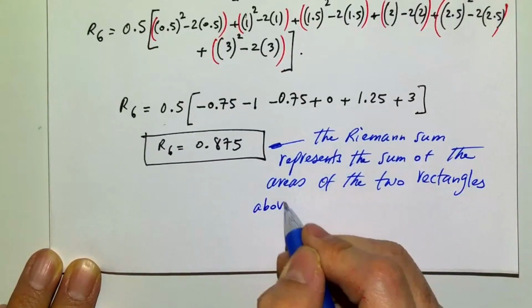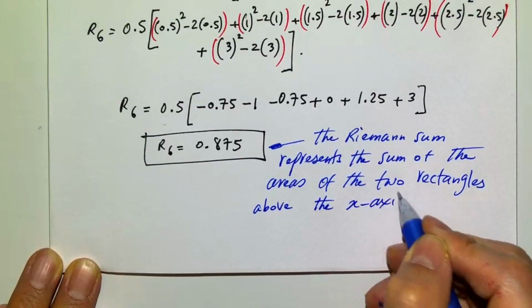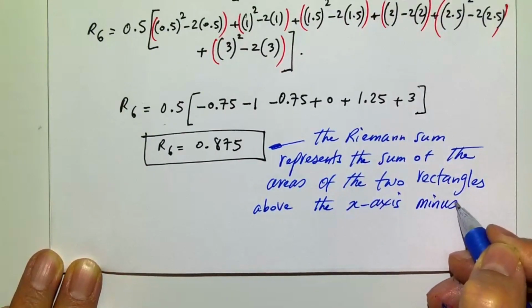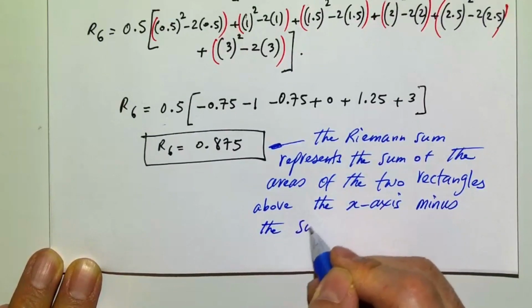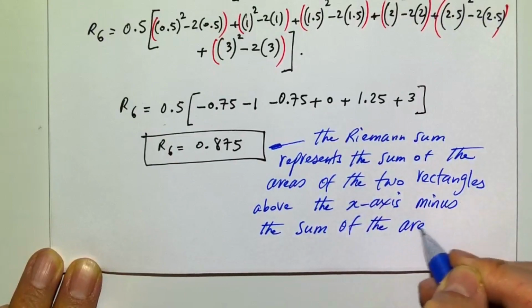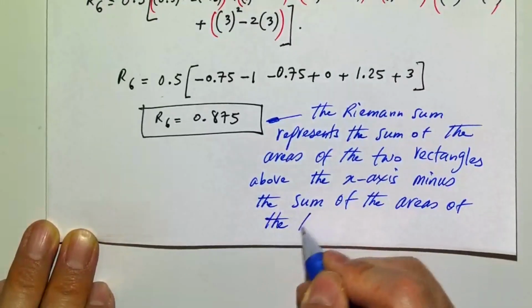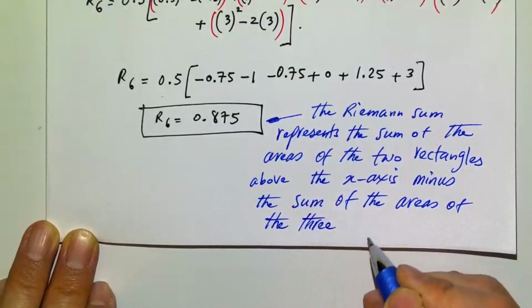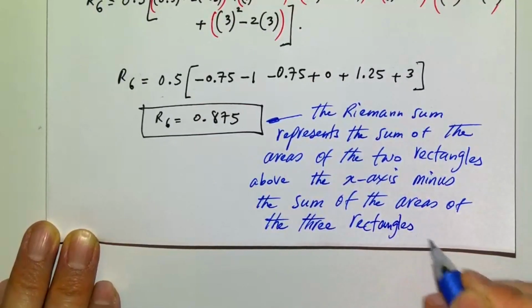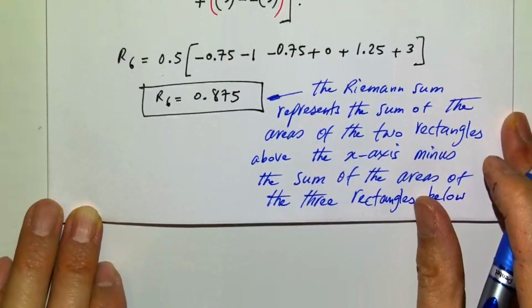Rectangles above the x-axis, minus the areas of the three rectangles below the x-axis.